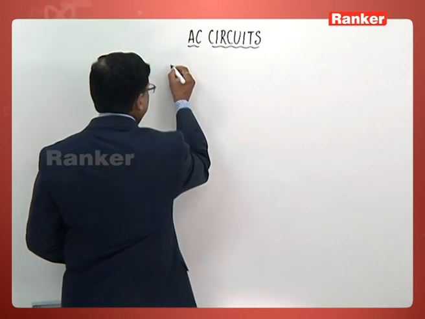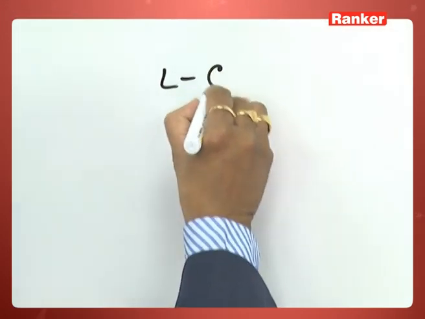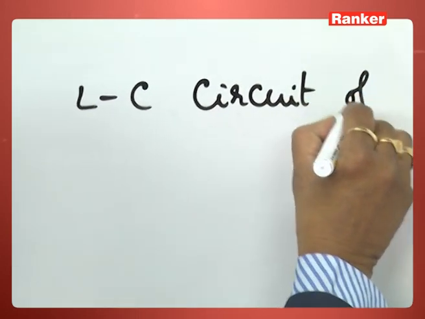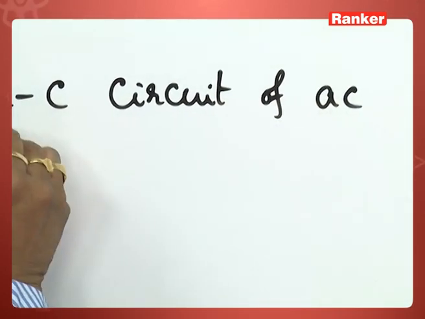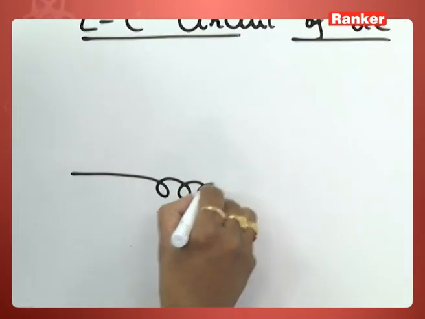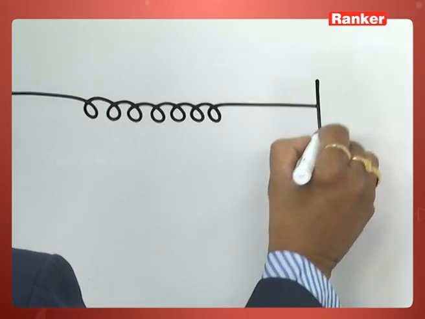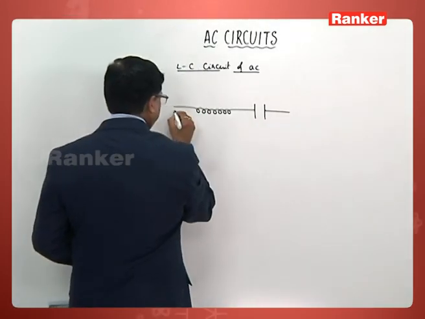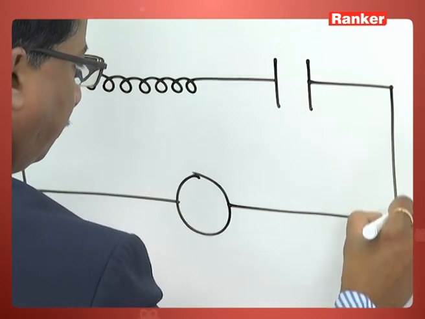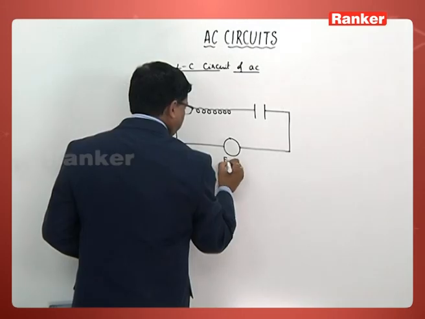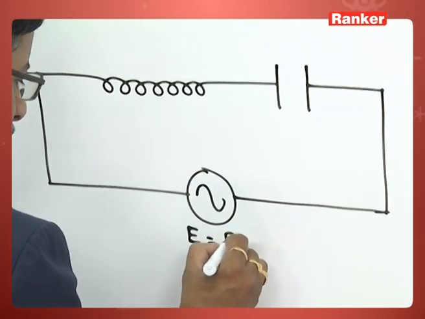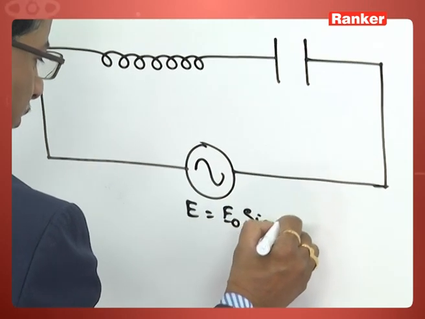So when we take LC circuit of AC, one inductance like this, one capacitor this way, both are now connected across alternating EMF E0 sin omega t.